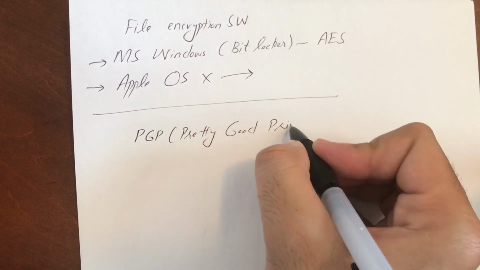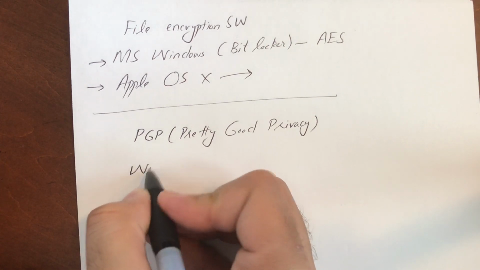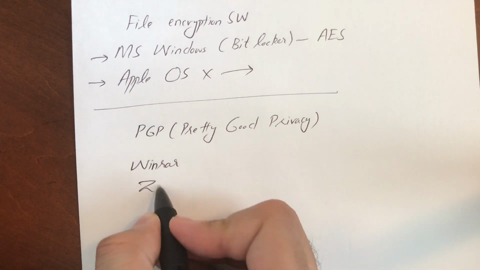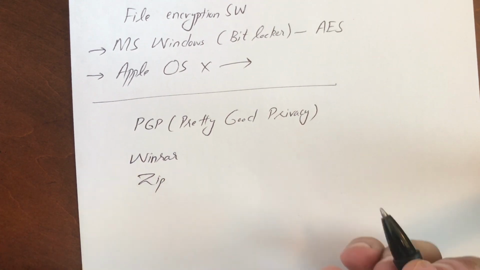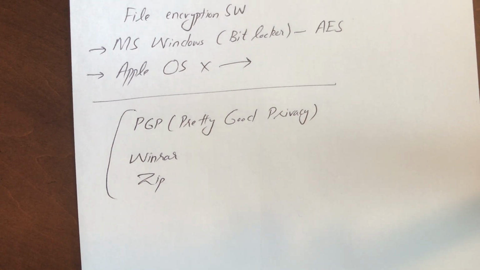You might have used this particular software, or you might have used WinRAR. It's basically for zipping, PKZip, etc. These are encryption software that are used to encrypt the data.